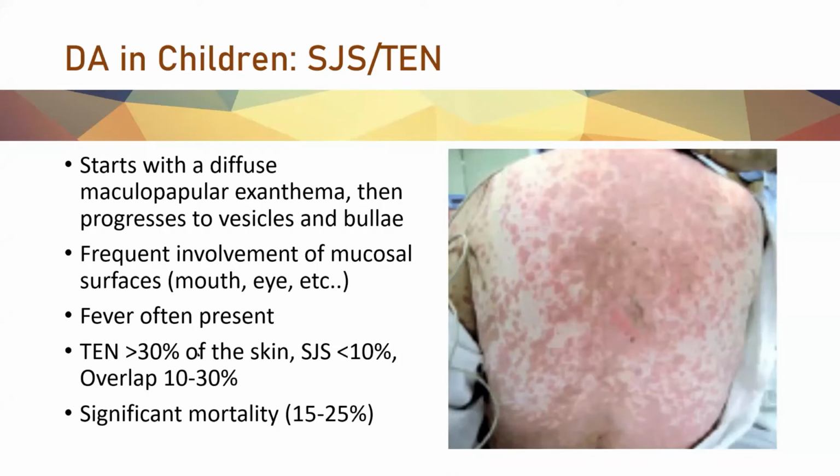Fever is often present. So they are basically different spectrums of the same problem. We call it Stevens-Johnson syndrome when the involvement of the skin is less than 10%, and toxic epidermal necrolysis when the involvement is more than 30% of the skin. And there is, of course, this overlap. Prognosis is slightly different, but the mortality is very significant, okay?